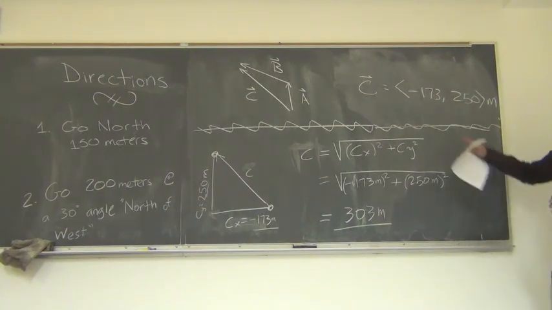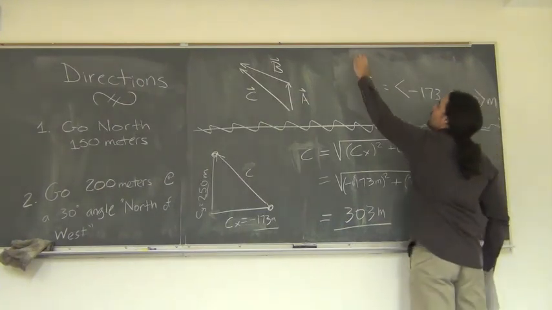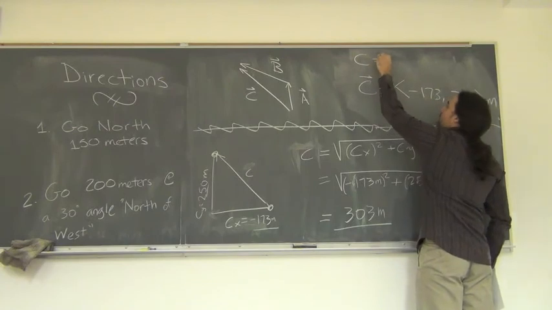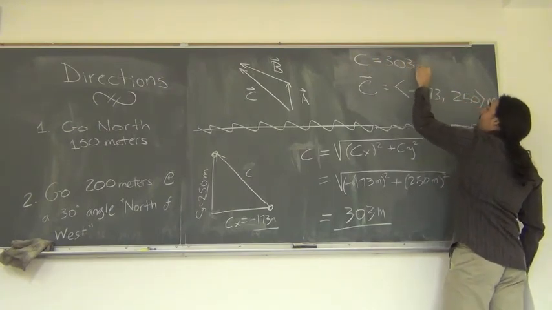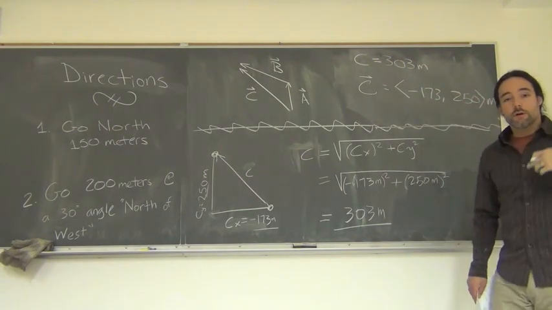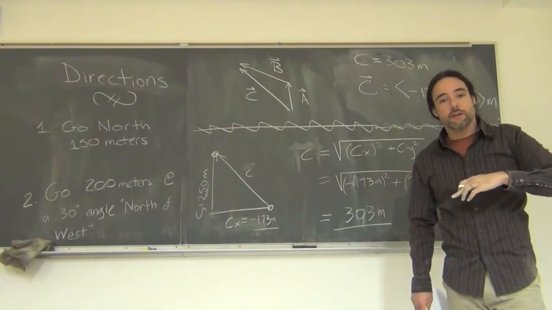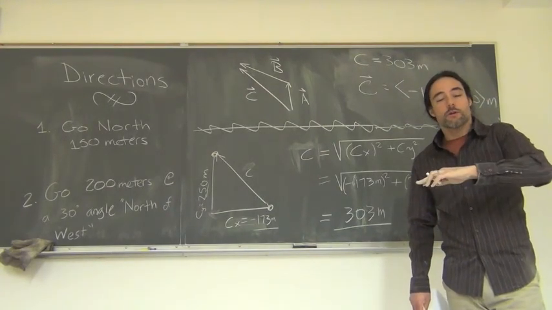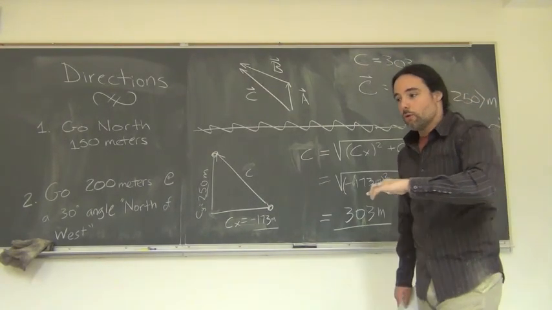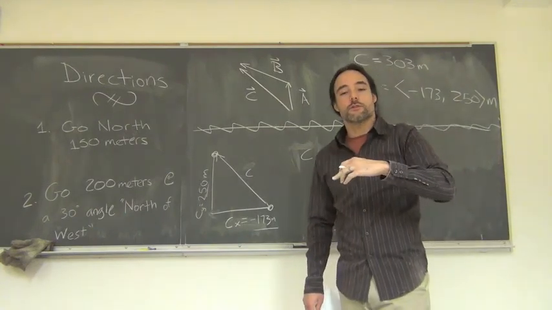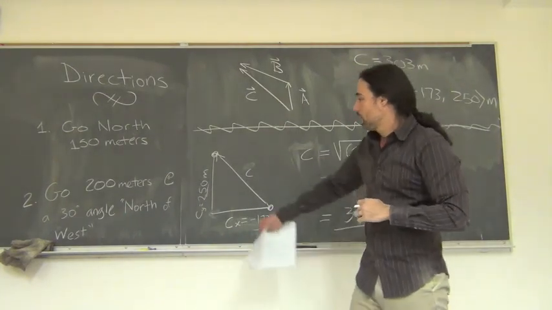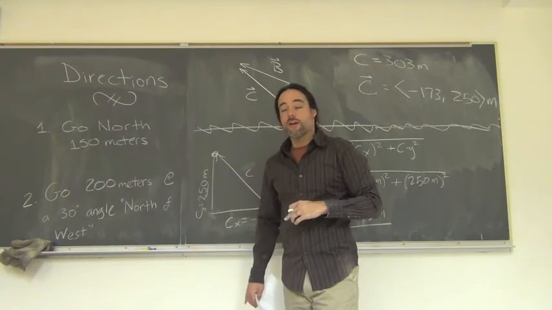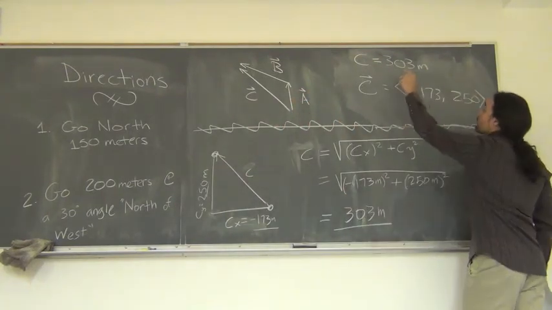So the magnitude of C, I'll put that up here. The magnitude of C is 303 meters. So on net, if you go up 150 meters and then over 200 meters at a 30-degree angle, north from west, on net you will have traveled 303 meters.